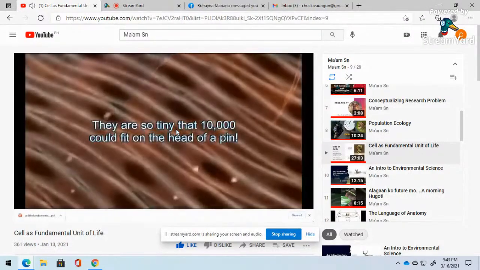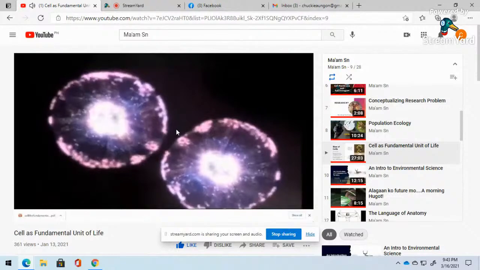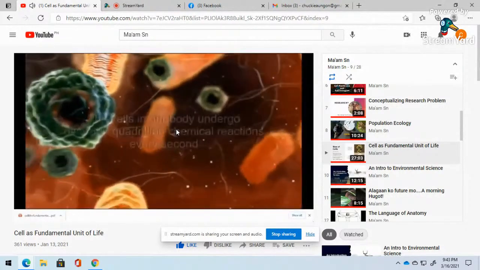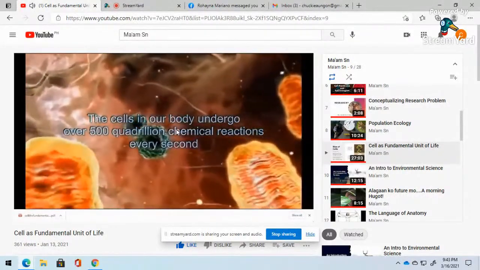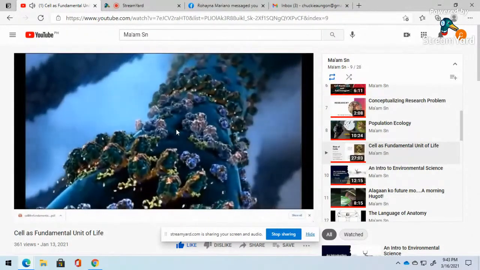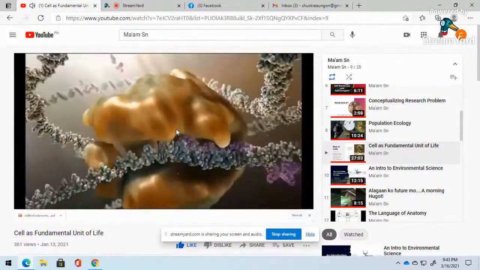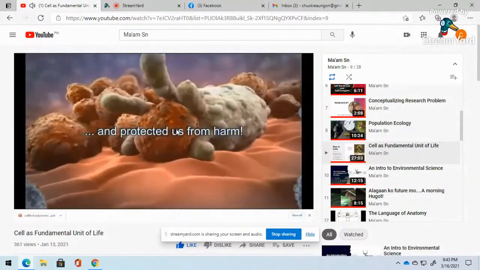They are so tiny that 10,000 could fit on the head of a pin. The cells in our body undergo over 500 quadrillion chemical reactions every second. Their amazing biochemistry has nurtured Earth for billions of years and protected us from harm.